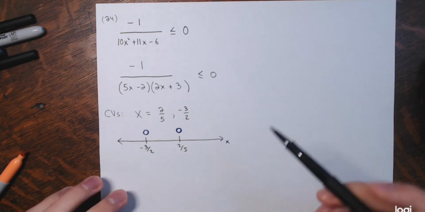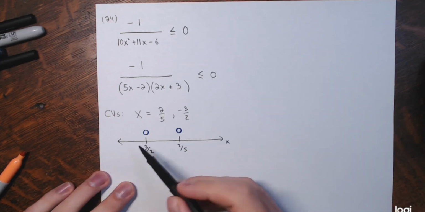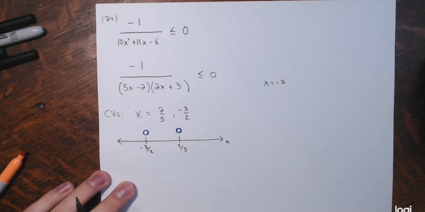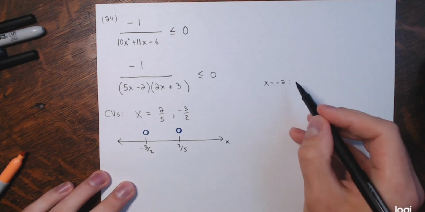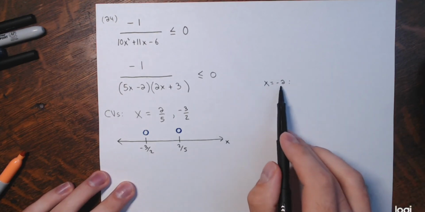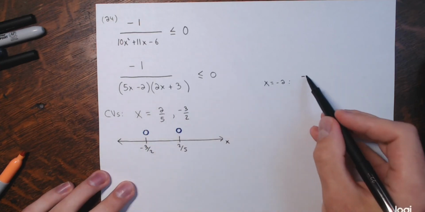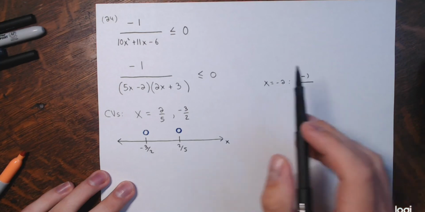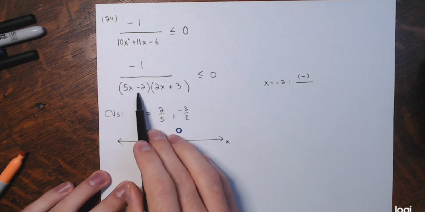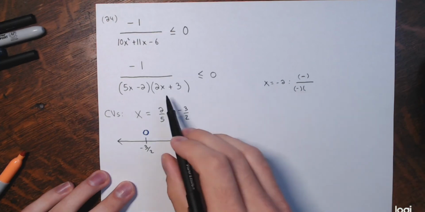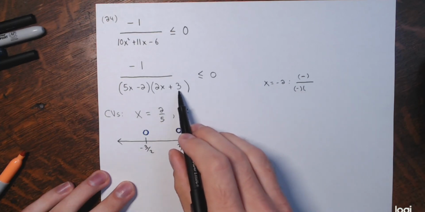Now we test some values. To the left of negative 3/2, like negative 2 would be fine. Anything to the left of negative 1.5. Now, if x were negative 2, on the left side here, this fraction, the numerator is negative. Then you'd have a negative factor, right? Negative 12 times another negative factor, negative 4 plus 3, right?